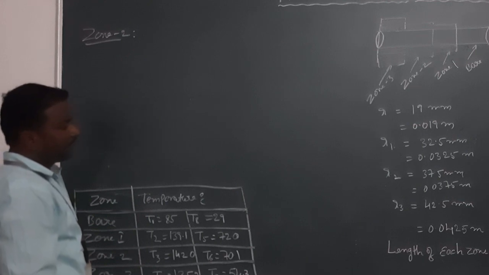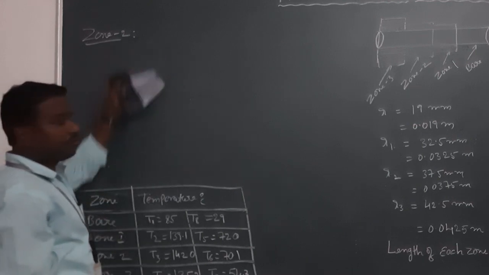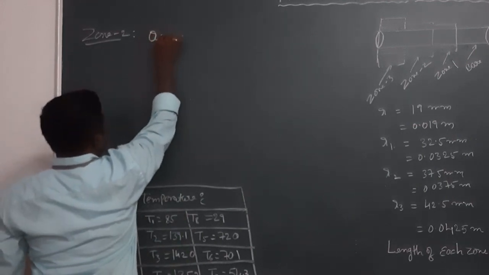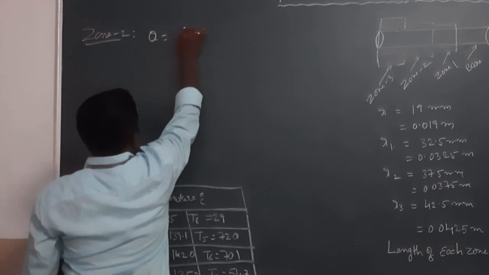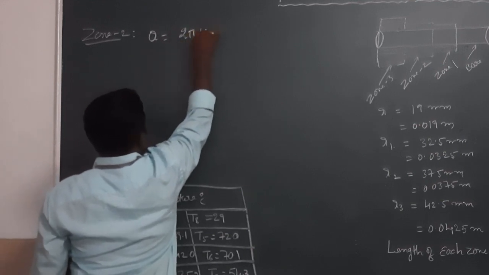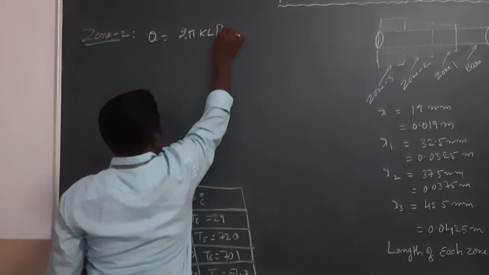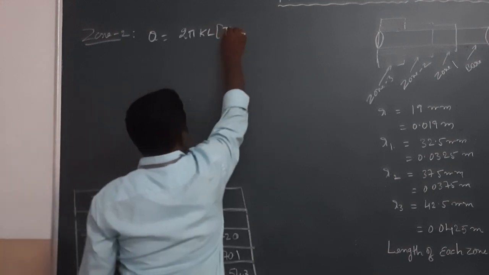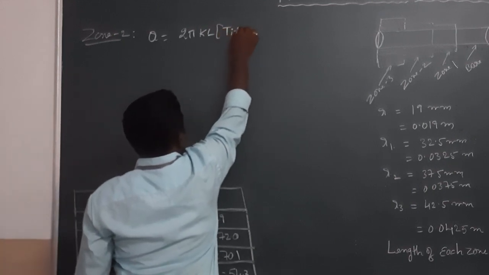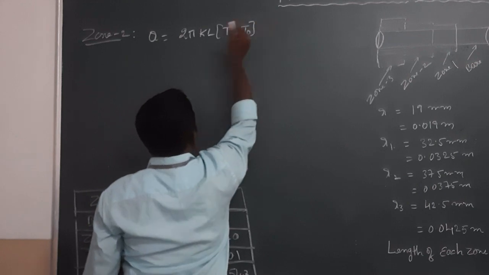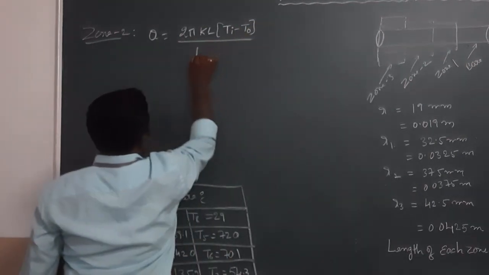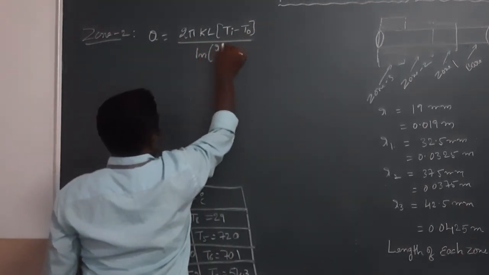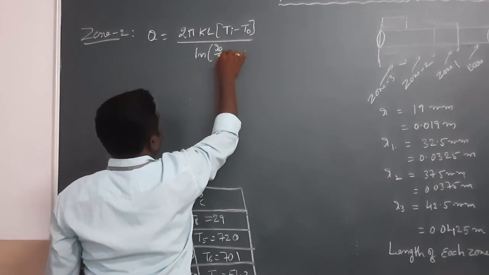Calculate the rate of heat flow Q through zone 2. Again the same formula I am substituting here: 2 pi k L into temperature difference. The temperature difference is inside temperature minus outside temperature of the zone, divided by ln of outside radius by inside radius of the zone.